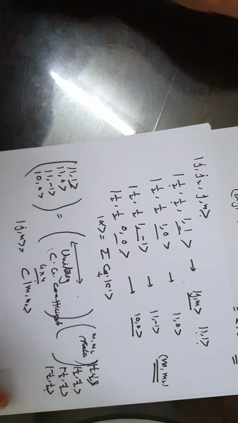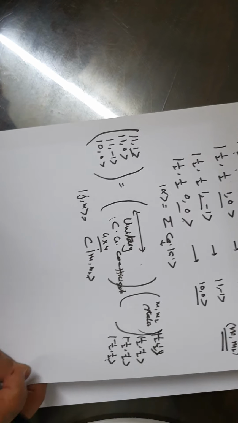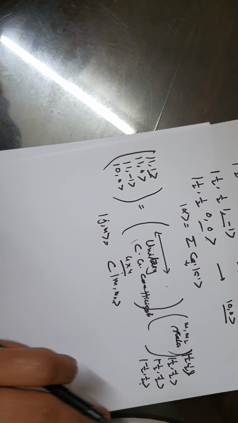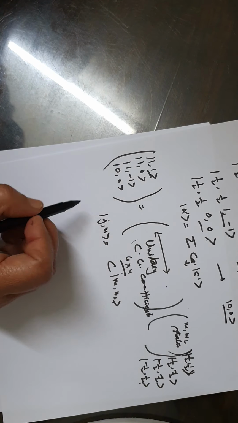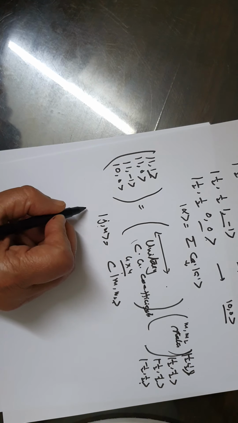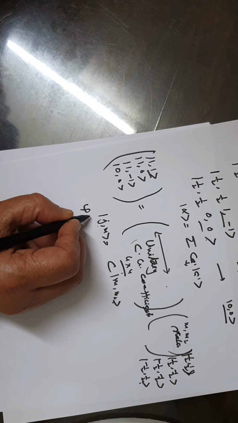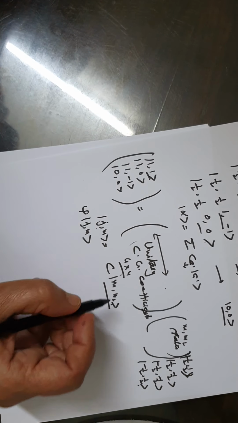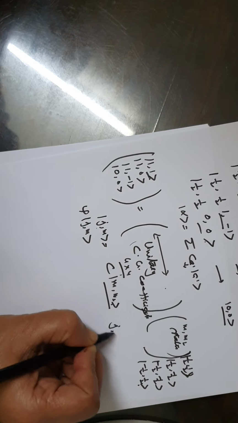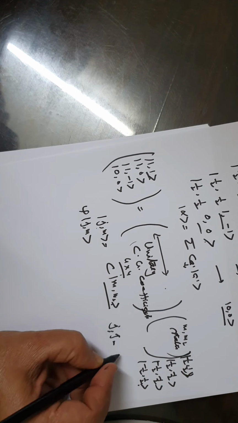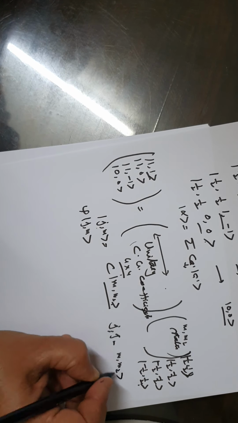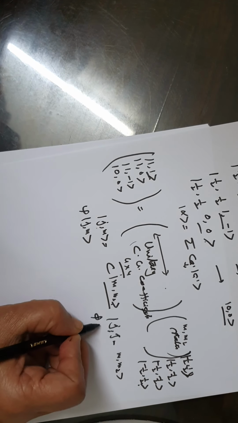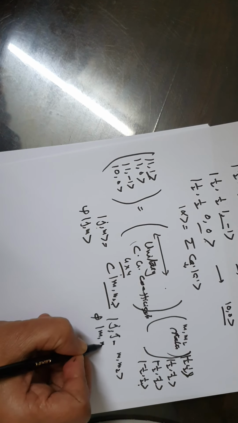For convenience, just to overcome the confusion, I am denoting this Jm state by psi state. That is, I will be writing psi Jm, and the M1 M2 state, which is once again J1 J2 M1 M2, this state by phi state, phi M1 M2.